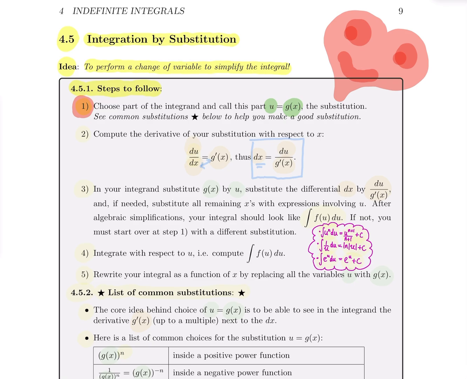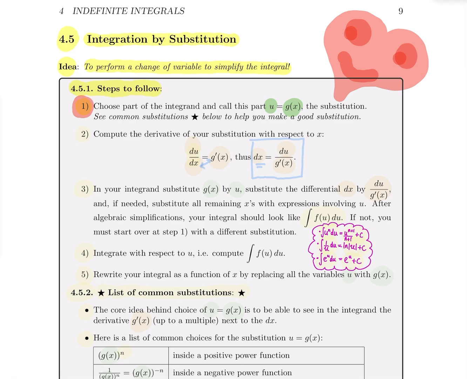Your goal will be to transform this integral into a function that will depend on u. So the first step is very straightforward, because you're going to say, okay, this little chunk is going to be called u now. But of course, the rest of the formula will still have some x's around, and the goal is to get rid of all the x's. This is almost like life advice, but anyways, your goal is to turn this integral into a new integral where the only variable is going to be u.